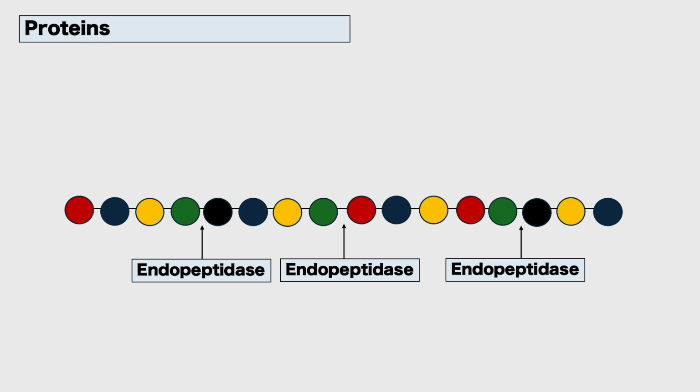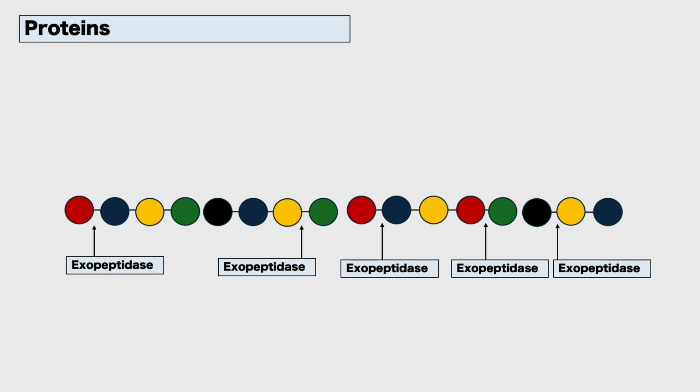Proteins are digested by peptidases. We start off with a long peptide chain like this. Endopeptidases hydrolyze the peptide bonds between the amino acids in the central region of a protein molecule, forming a series of peptide molecules. Exopeptidases hydrolyze the peptide bonds on the terminal amino acids of the peptide molecules formed by endopeptidases.